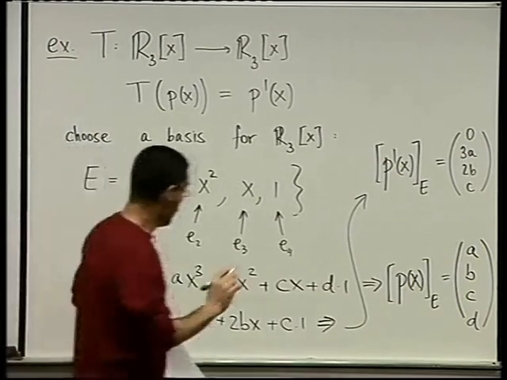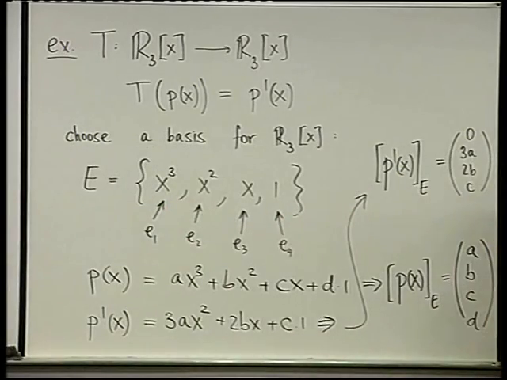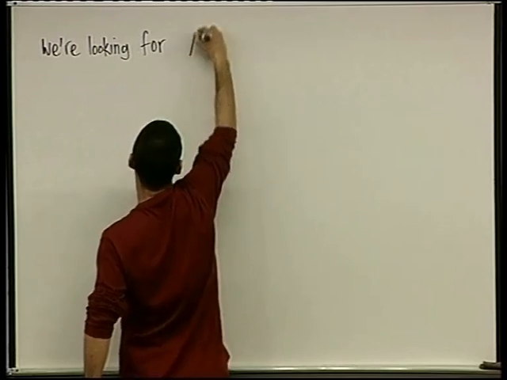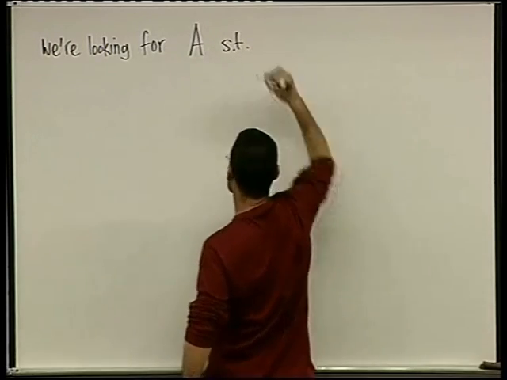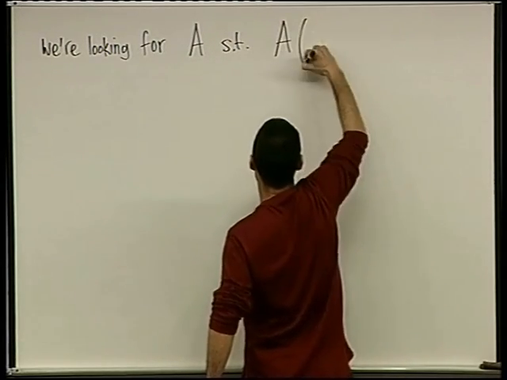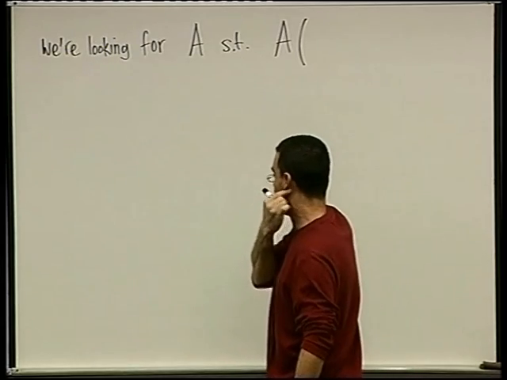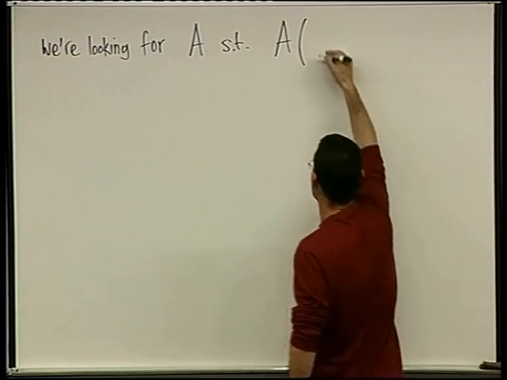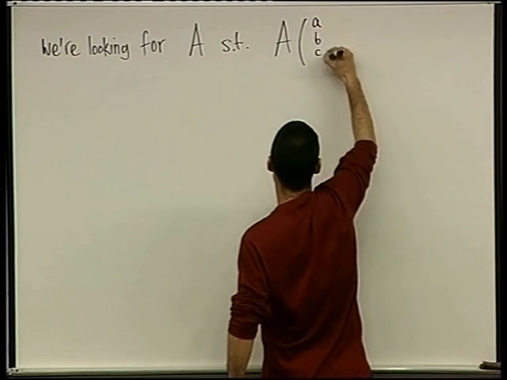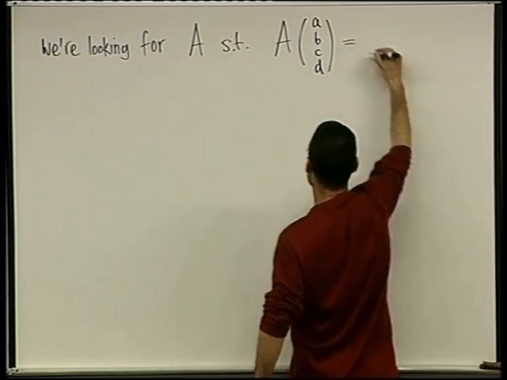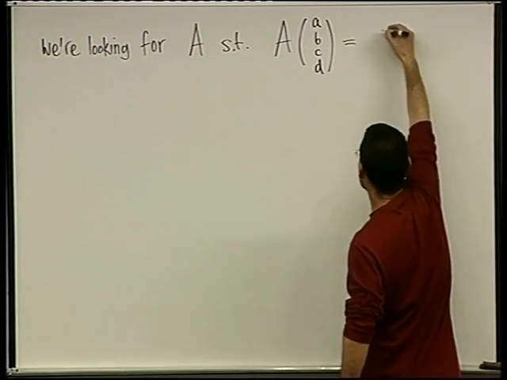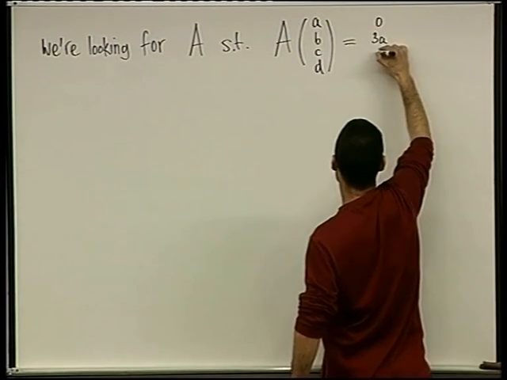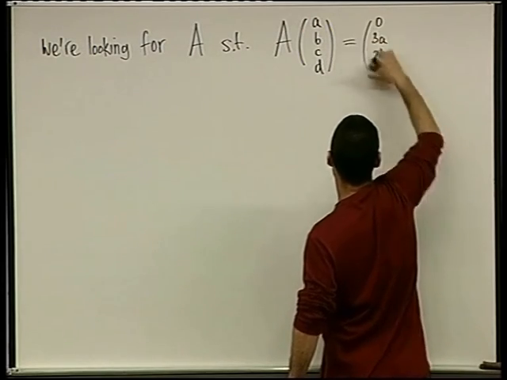So we're looking for a matrix A such that A times the coordinate vector of p(x) gives us the coordinate vector of the derivative. A times (a, b, c, d) would give us precisely (0, 3a, 2b, c).